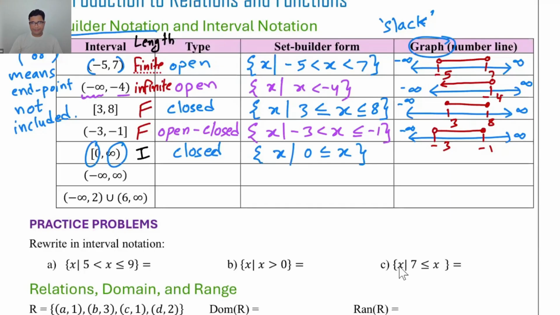Everything is less than infinity. On the number line again, same idea. You begin at 0 with solid dot and continue till infinity with an arrow.